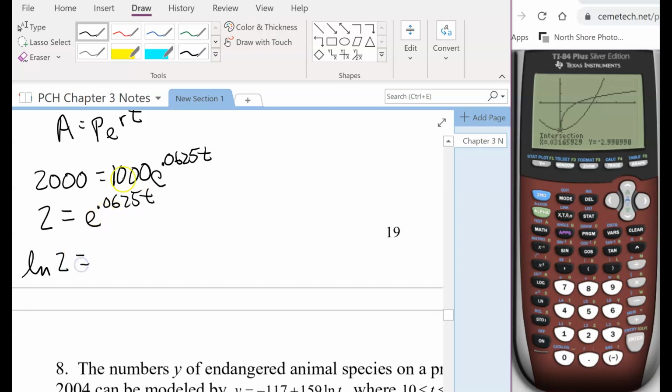When I take the natural log of this side, the natural log and the E are inverses, so they cancel each other out, equals 0.0625 T. And solving that for T by dividing both sides by 0.0625, I get that my time is about 11.09 years.